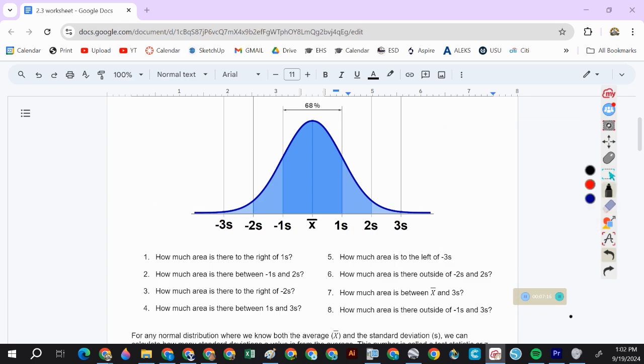Okay. What about between or outside of negative 2 and 2? That would be 5%. So if the inside is 95, how much is the outside? 5.